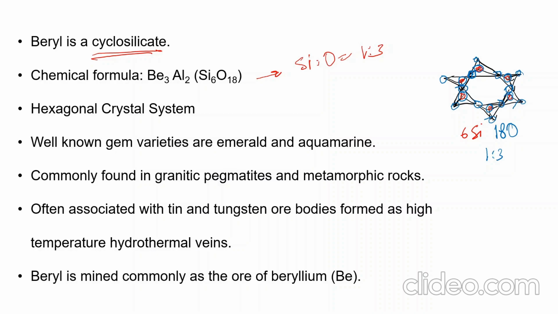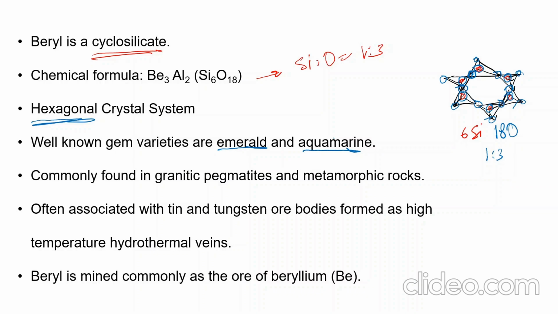Now this structure, which looks like a hexagon, it's very obvious, and beryl belongs to the hexagonal crystal system. Beryl is an important mineral in terms of its gem varieties also, and the very well known gem varieties are emerald and aquamarine.